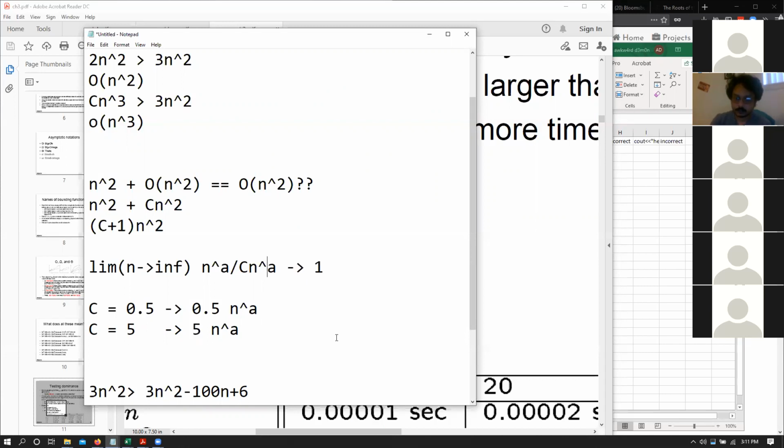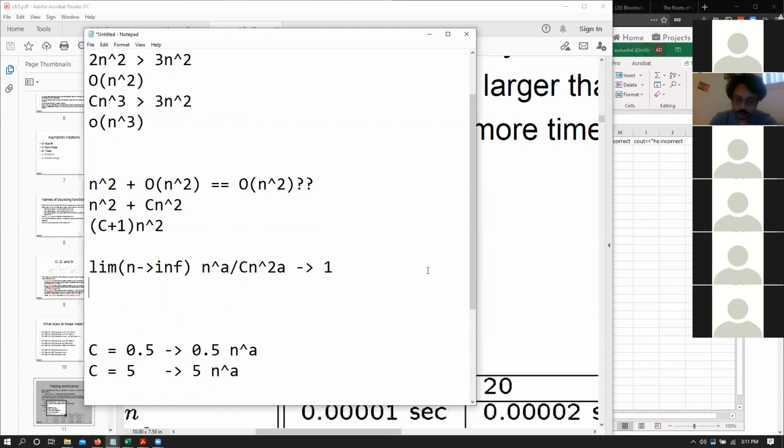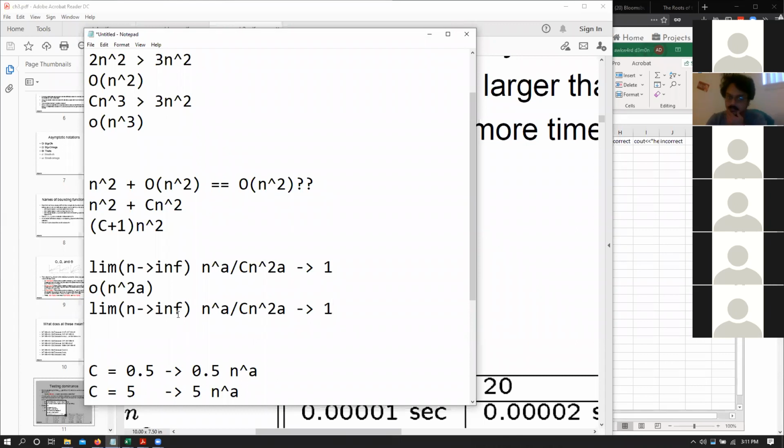So in this situation, if it was n to the power of 2a, then it would be a different matter. Let's say I am approximating it with little o of n to the power of 2a. We need to figure out the limit of this thing.